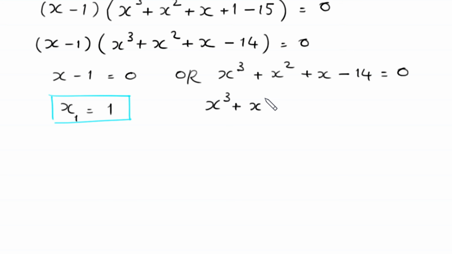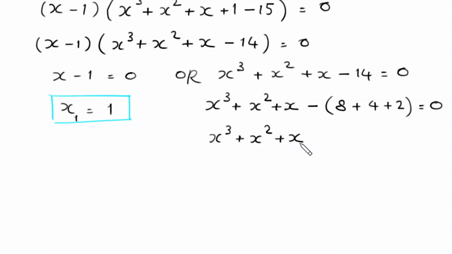plus x squared plus x minus this 14 can be written as 8 plus 4 plus 2 is equal to 0. Next, x cubed plus x squared plus x, negative times 8 negative 8, negative times 4 will become negative 4, negative times 2 will become negative 2 is equal to 0.